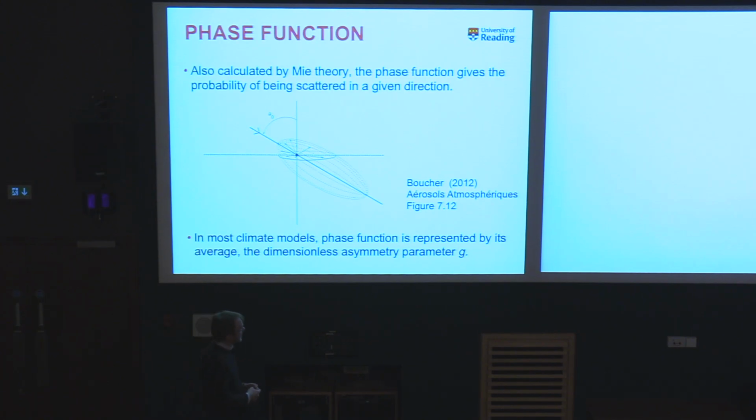It's a parameter that goes from -1 to 1: -1 for completely backward scattering, 1 for completely forward, and 0 for isotropic, symmetric scattering. For most aerosols, the asymmetry parameter is around 0.7 and larger. So forward scattering tends to be privileged.